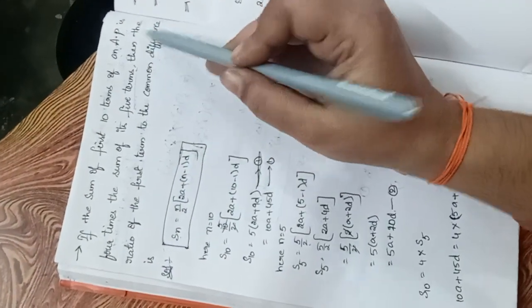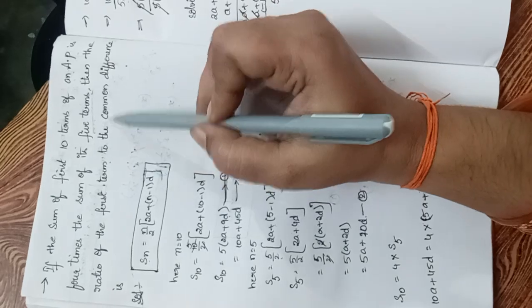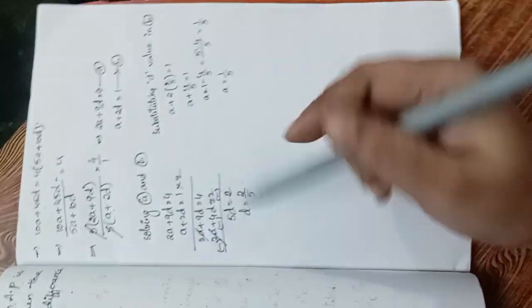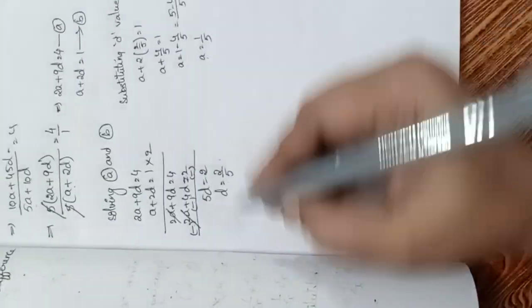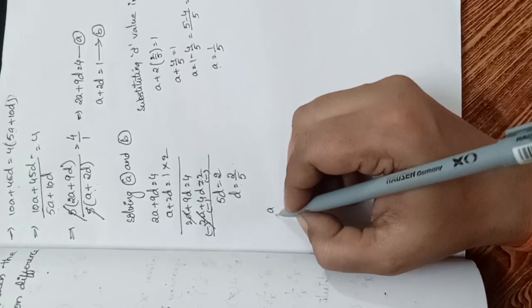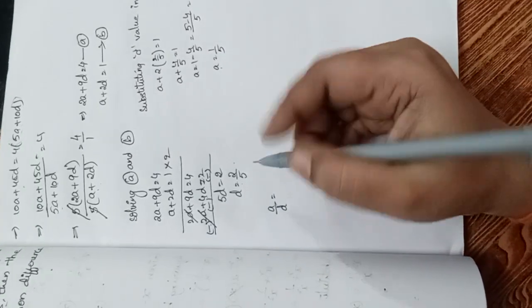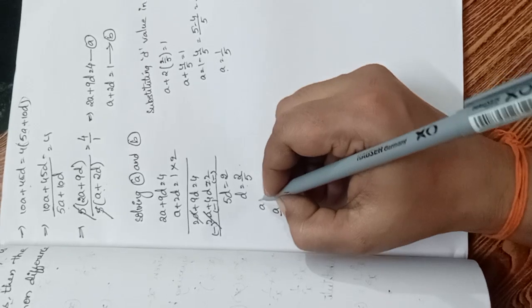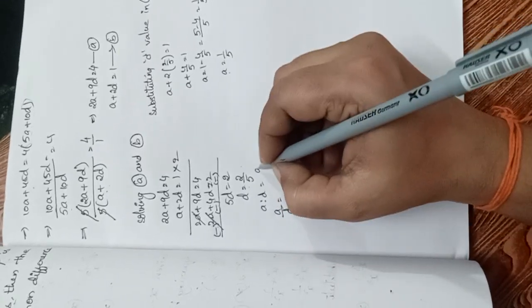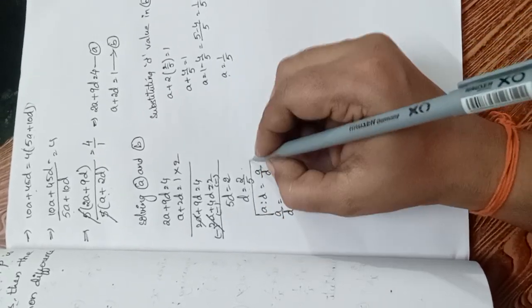In the question, what is asked is the ratio of the first term to the common difference. The first term is a. So a by d. That is the ratio, meaning a is to d can be written as a by d.